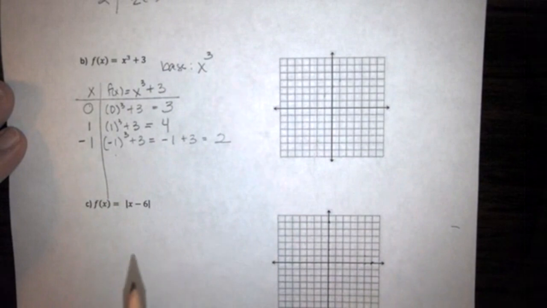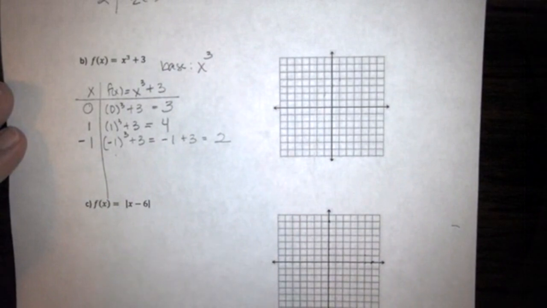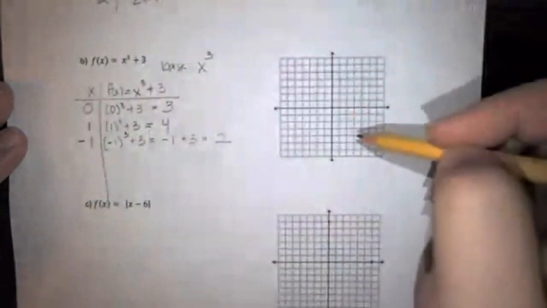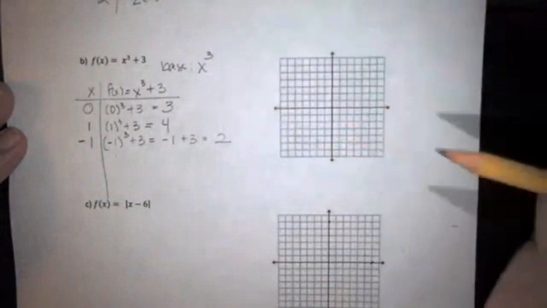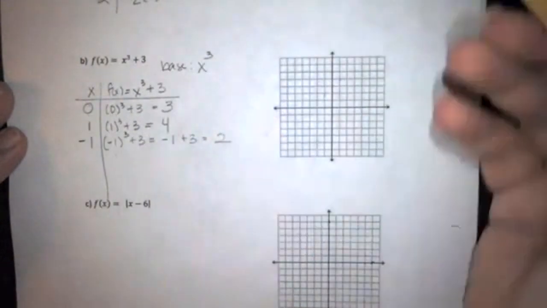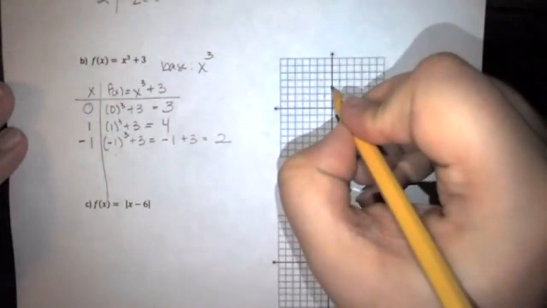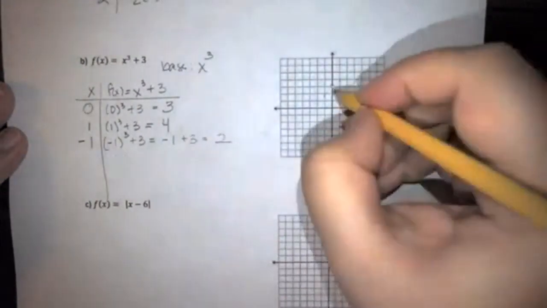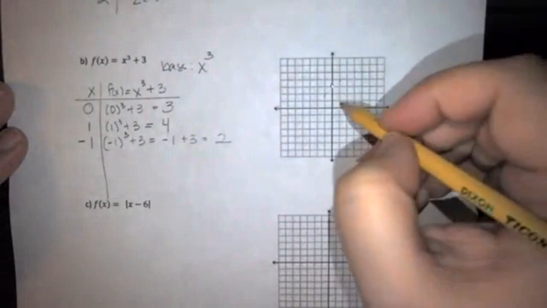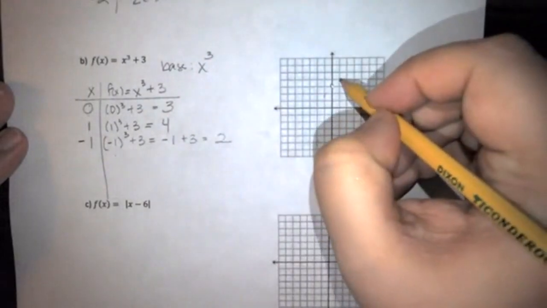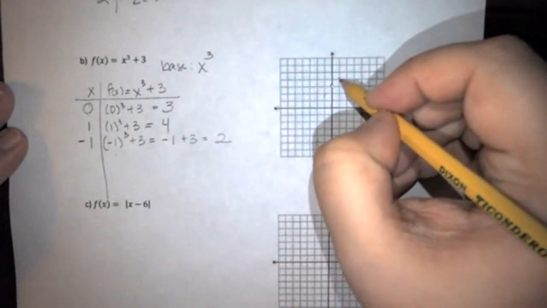So if we take a look at just those 3 points to start, now I'm not saying we're done, but the first one we have is 0, 3. So 0, 1, 2, 3 is right here. And then we went 1 and up 4, so that's this point here.